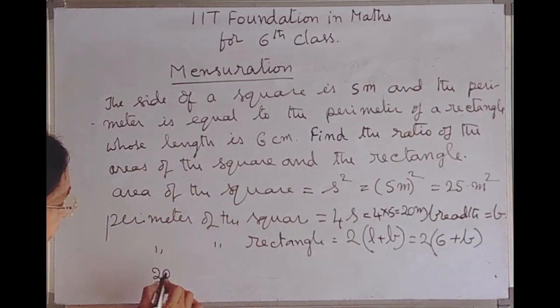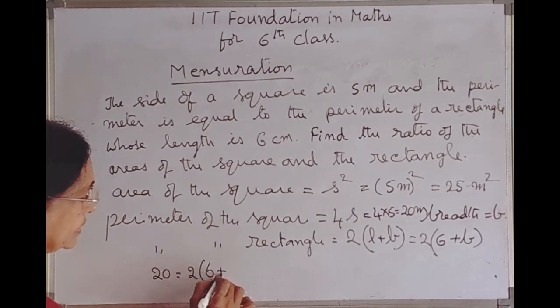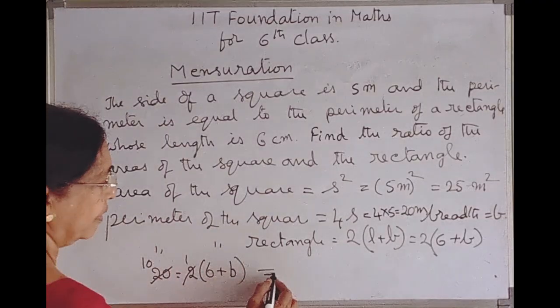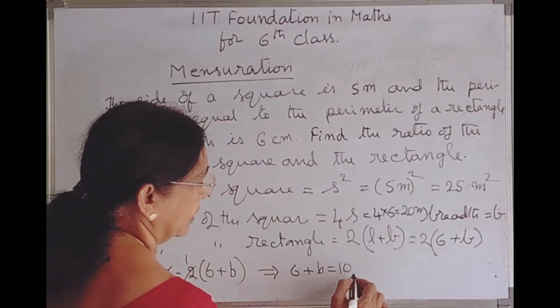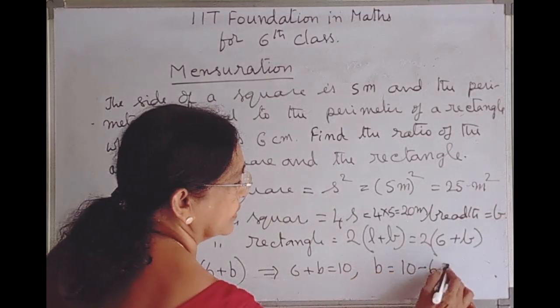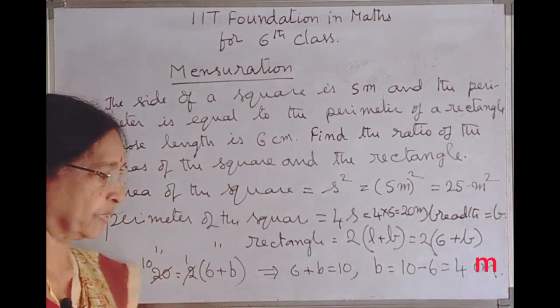Therefore 20 is equal to 2 into 6 plus B. So 2 ones are 2, 2 tens. So 10 is equal to 6 plus B, or B is equal to 10 minus 6, which is 4. So the breadth of the rectangle is 4 centimeters.